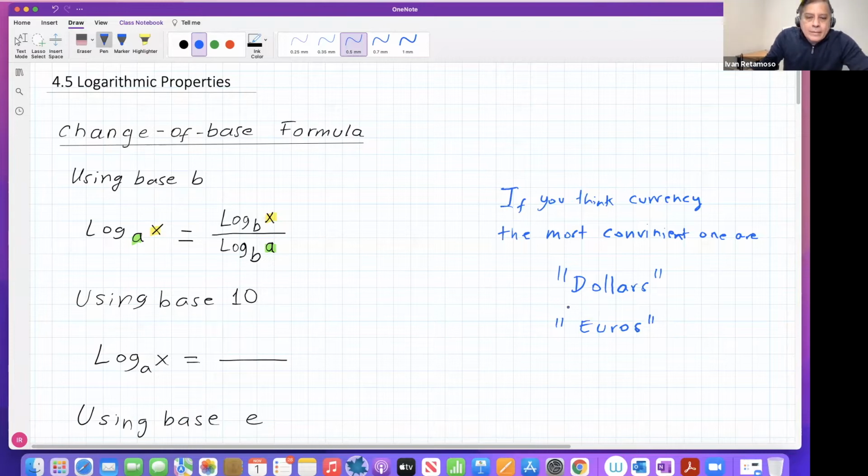Because any other currency can be converted to dollars, and any other currency can be converted to euros. So these are the most convenient ones, especially when traveling.